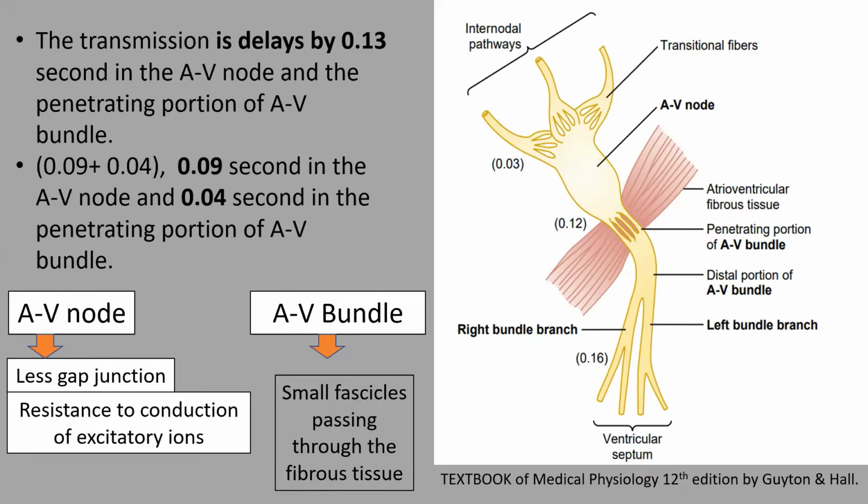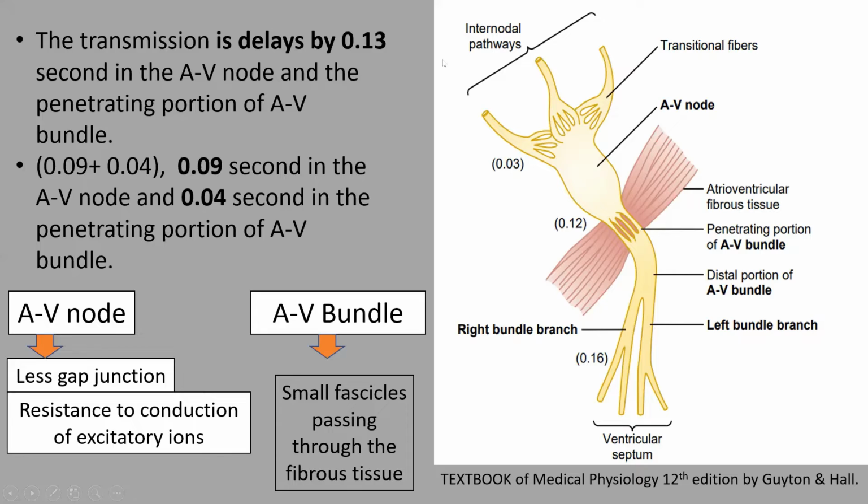So here there are two portions, the AV node and the penetrating portion of the AV bundle. In the AV node, the current transmission is delayed by 0.09 second. And then while penetrating the AV bundle, another 0.04 second delays the transmission.